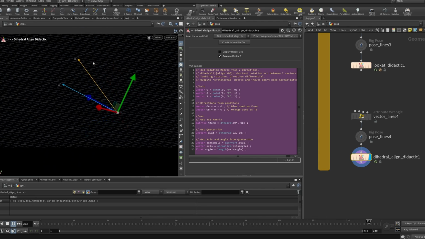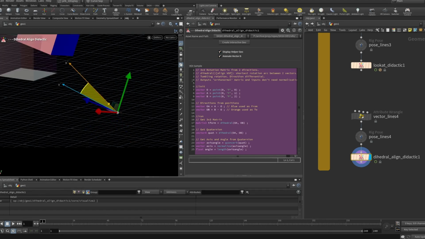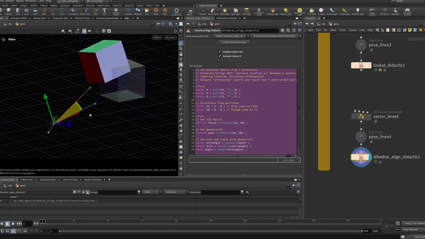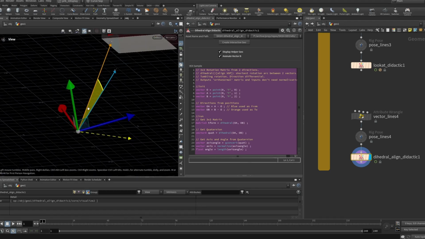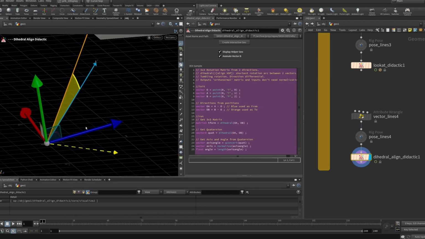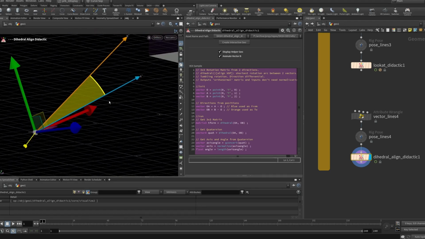And you can see as B is rotating about A like that, you get a sort of tumbling rotation. There's a helper, this option here, display helper geo, which puts a cube in there to see how a cube would be transformed by having A and B animated, and also displays the axis of rotation and the angle between them.